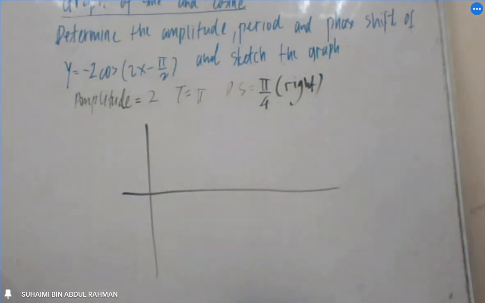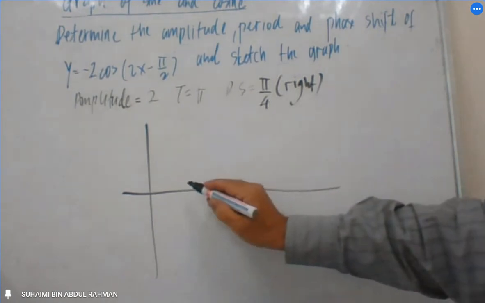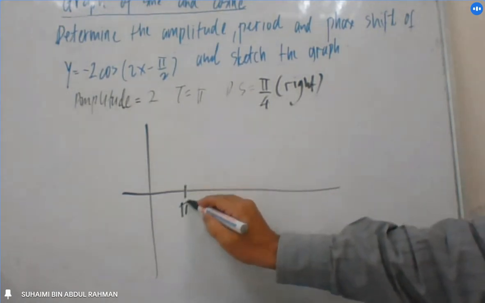Sketch the graph now. Where must it start? Pi over 4.